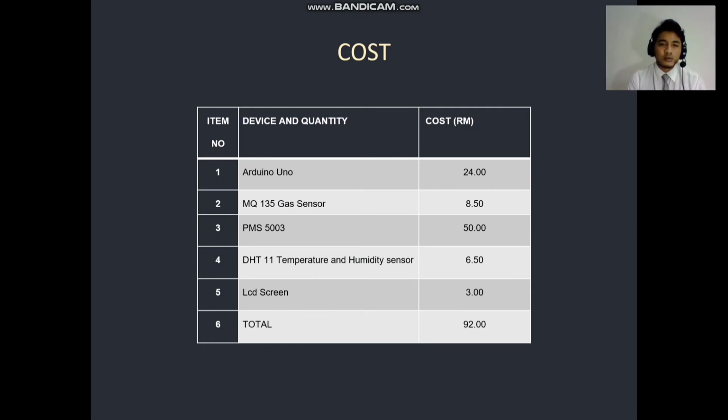Okay, firstly, I'm going to talk about the low cost. There are 5 items that have been bought from online platforms and stores. My cost for the Arduino Uno is RM24, my MQ135 gas sensor is RM8.50, my PMS 5003 is RM50, the DHT11 temperature and humidity sensor is RM6, and the LCD screen is RM3.